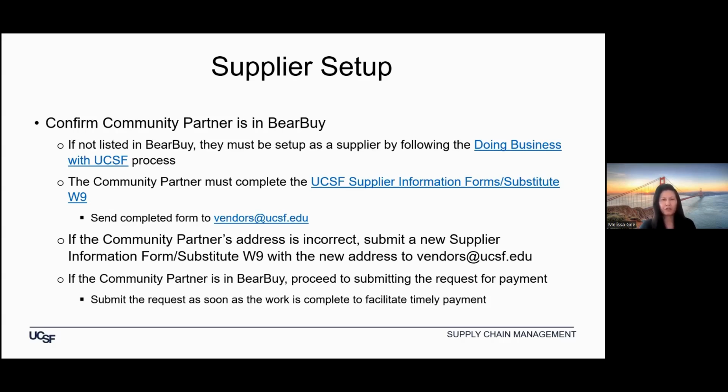So once the community partner is in Bearby, you can proceed on submitting the request for payment. One tip is to submit the request as soon as the work is complete so you can get ahead of it and facilitate timely payment to the community partner.